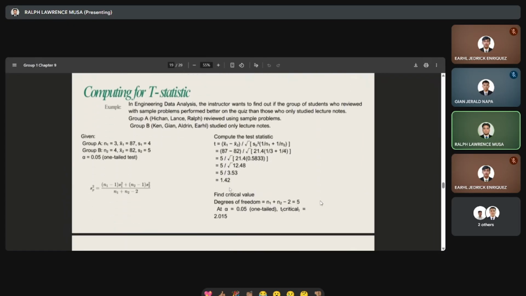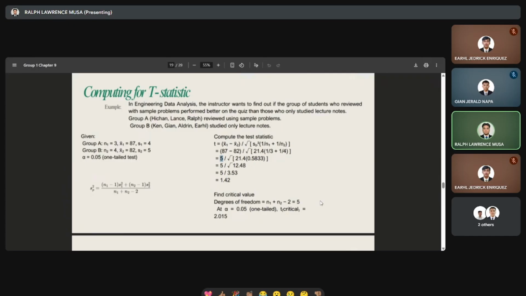For computing the test statistic, we're just going to use this formula: t is equal to x̄ sub 1 minus x̄ sub 2 all over the square root of s sub p squared times 1 over n sub 1 plus 1 over n sub 2. After substituting the values and simplifying, we get 5 over the square root of 21.4 times 0.5833.